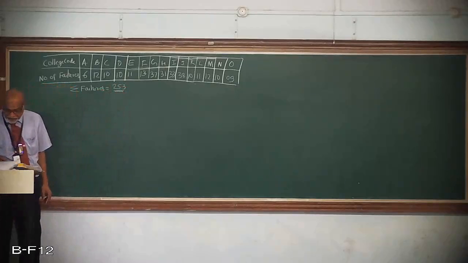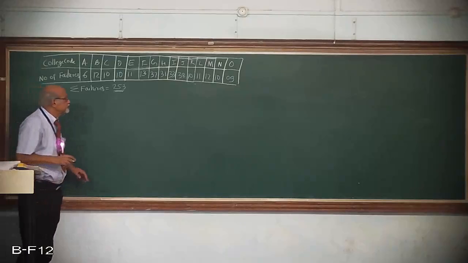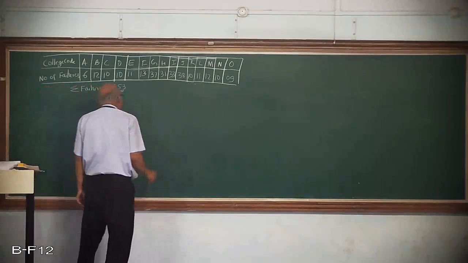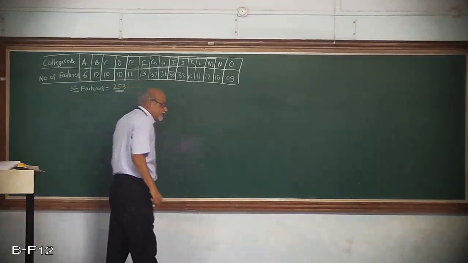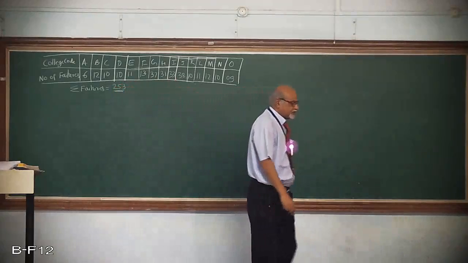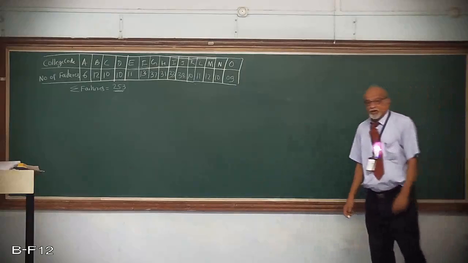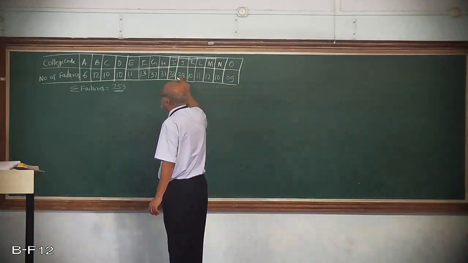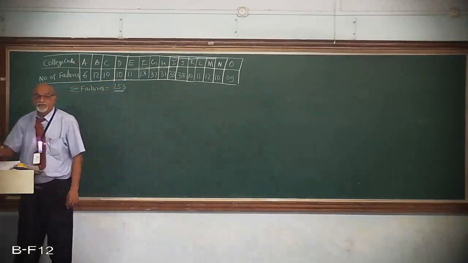Okay? Now, out of 253, 37, 31, 33, 38, so almost around 130, more than 50% are contributed from these 4 colleges. Try to understand this. The other colleges are different.